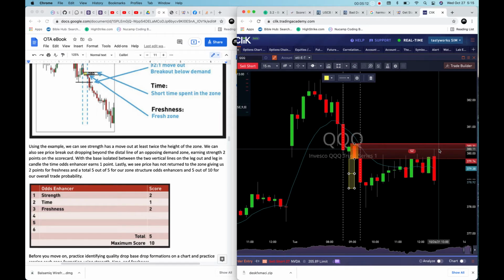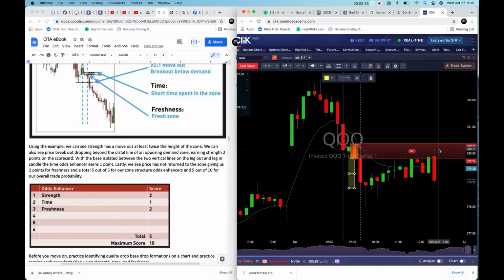So not only does the zone earn 0 points for strength, it would earn 0 points for freshness. So it's definitely a poor zone. And we would certainly not want to place a limit order here, because based on our odds enhancers, the chances of any unfilled orders being left at this zone are pretty close to none.